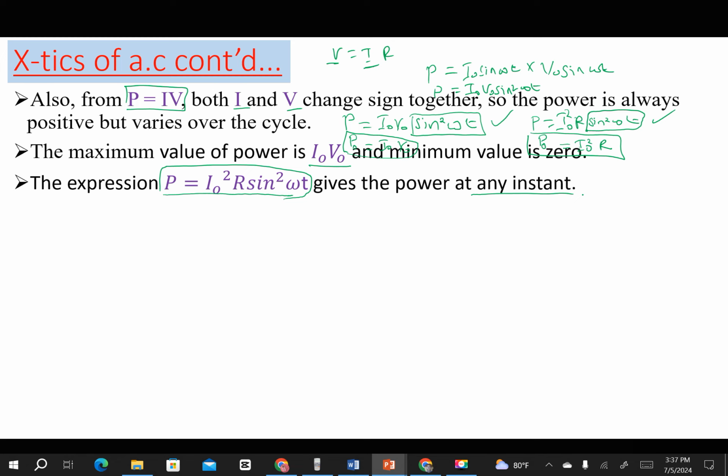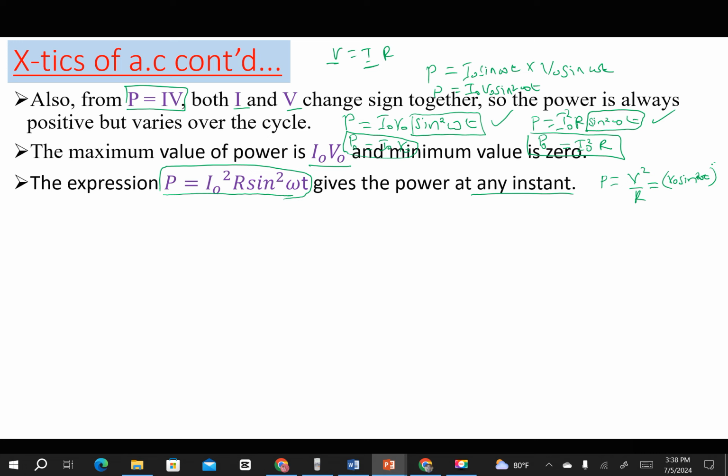And in that way, you can also think about the other equation for power from DC values, that is, power equals V squared divided by R. But remember, if we consider alternating voltage, V is going to be equal to V naught sine omega t.